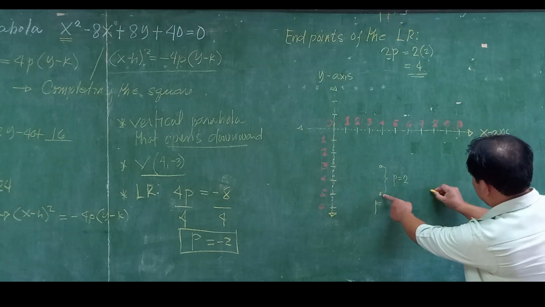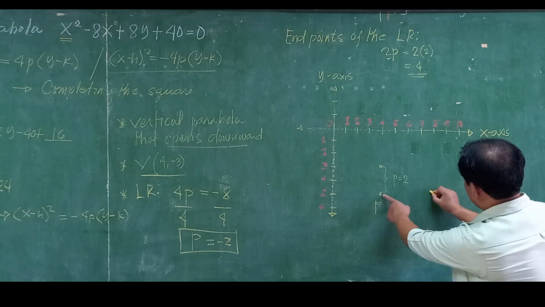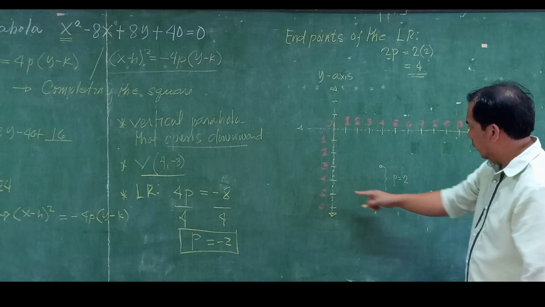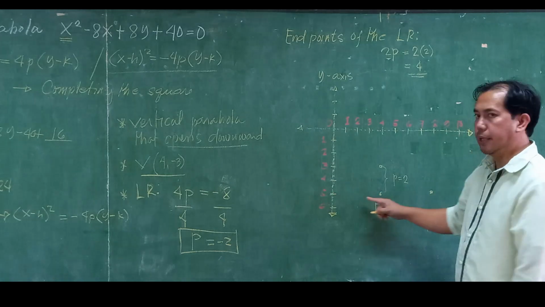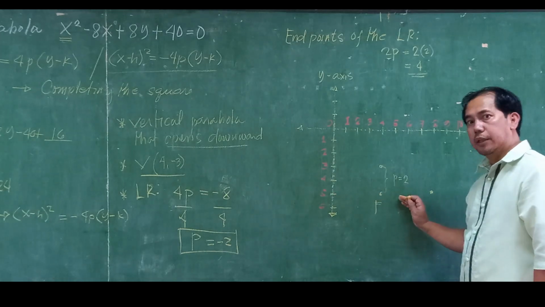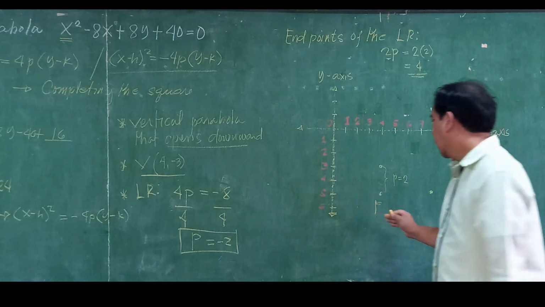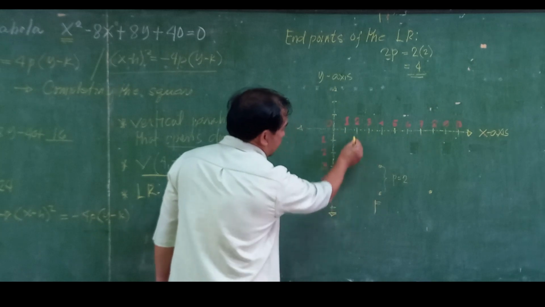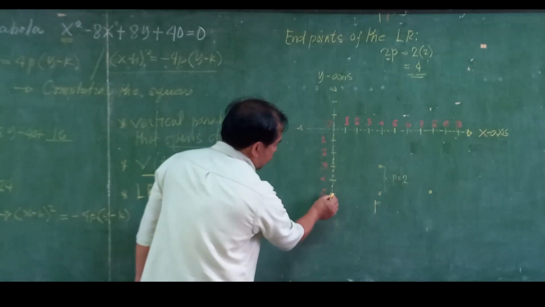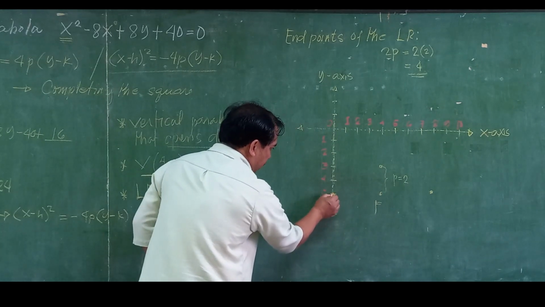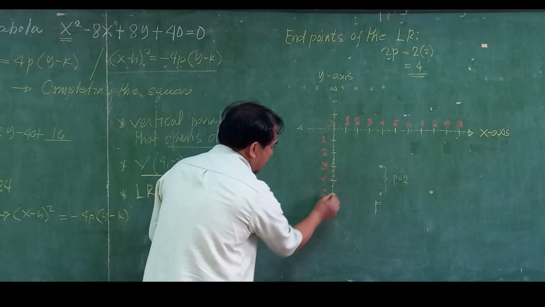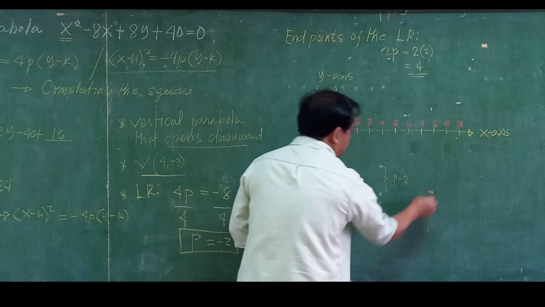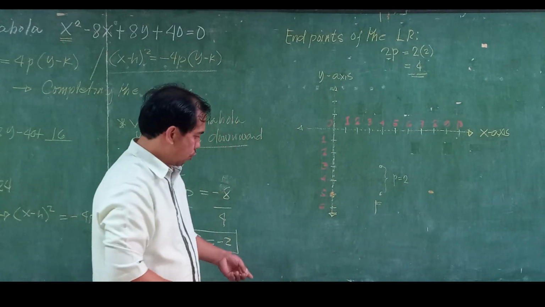So the location of the endpoint is at point (8, -5). Likewise, on the other side, to the left of the focus, count 4 units: 1, 2, 3, and 4. So the location of the other endpoint of the latus rectum is here. These are the endpoints of the latus rectum.